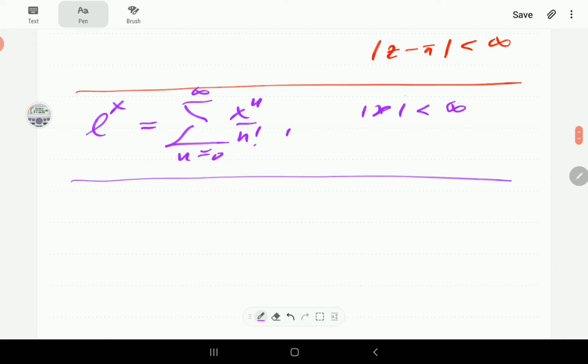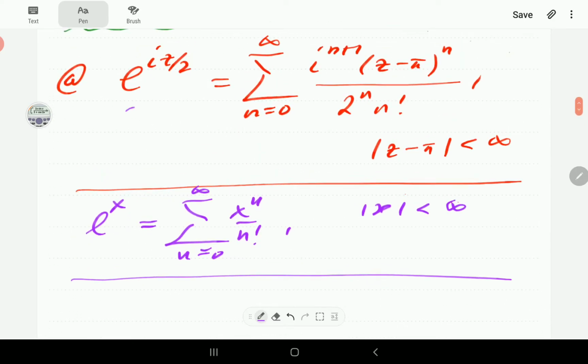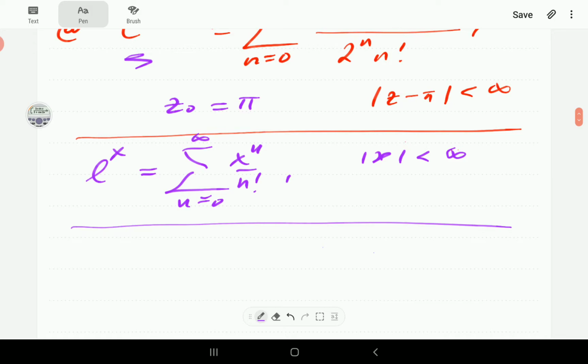So the thing that we are going to do then for this function here, since the point about which we are expanding is not the origin, is introduce a transformation so that z equals pi is the origin.